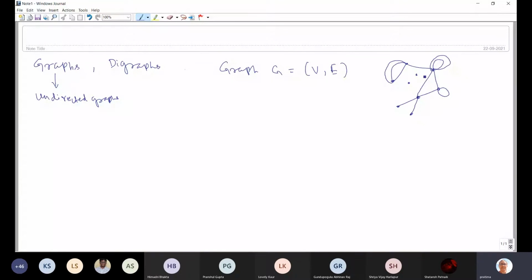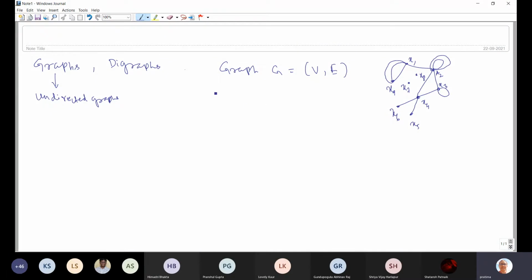Here V is a non-empty set, and the elements of V are called vertices; an element of V is a vertex. Suppose I name these vertices x1, x2, x3, x4, x5, x6, x7, x8 and this vertex is x9.